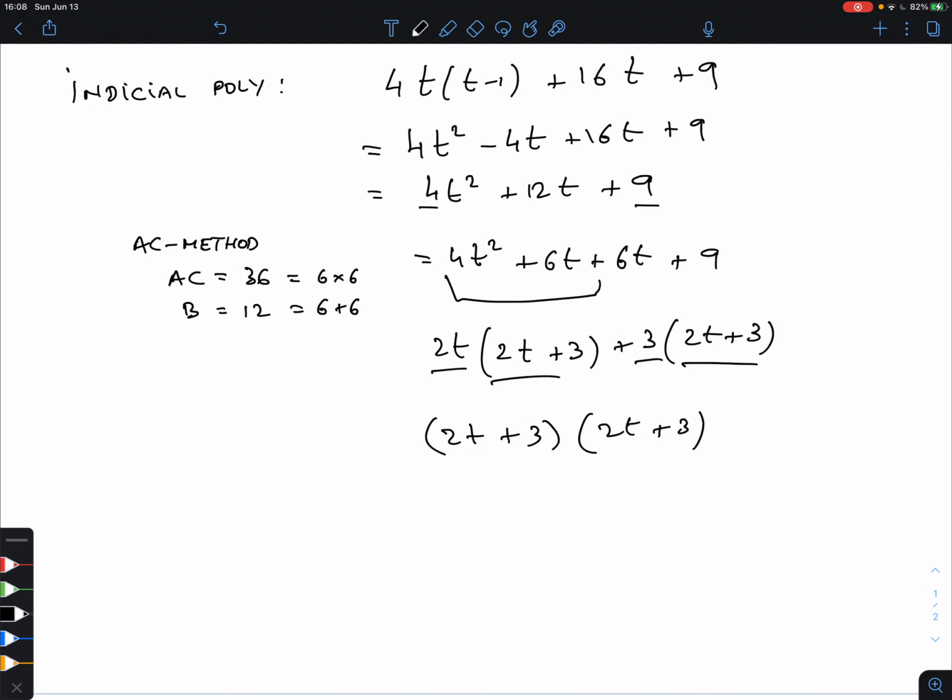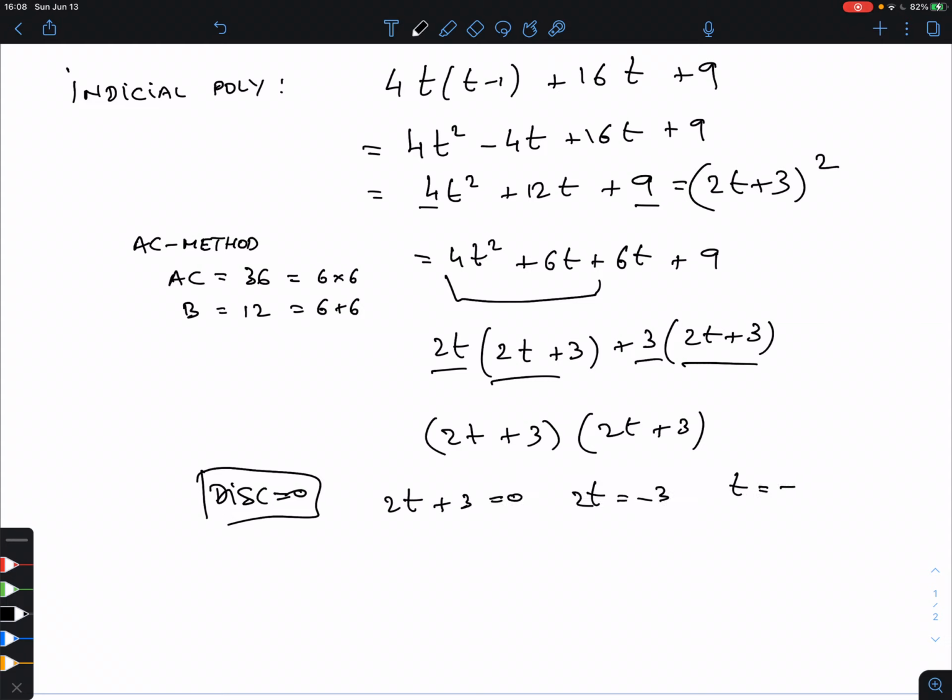It's twice the same, so this is actually 2t plus 3 squared. As I said, some of you might have recognized this as a perfect square formula. So the discriminant is 0, this is a special case, and the root is 2t plus 3 equals 0, so 2t is equal to -3, so t is equal to -3 halves.